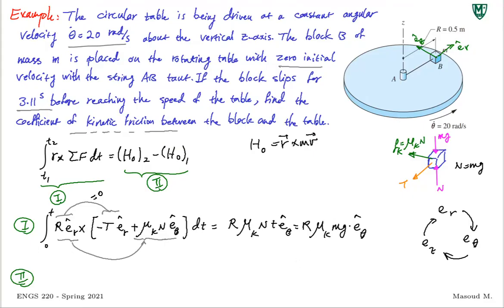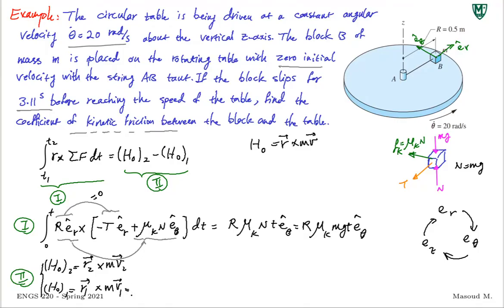All right, so I forgot about T here. There you go, my mistake. So H_O2 minus H_O1. Let's see what we get from there. H_O2 would be R2 cross m V2, and H_O1 would be R1 cross m V1.